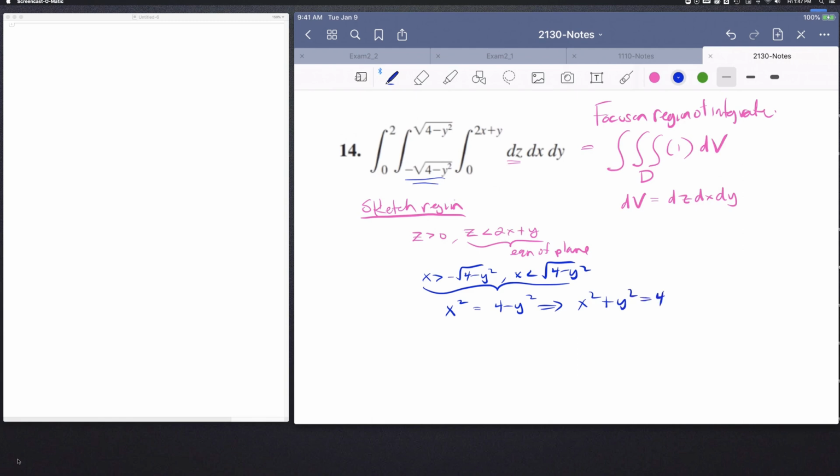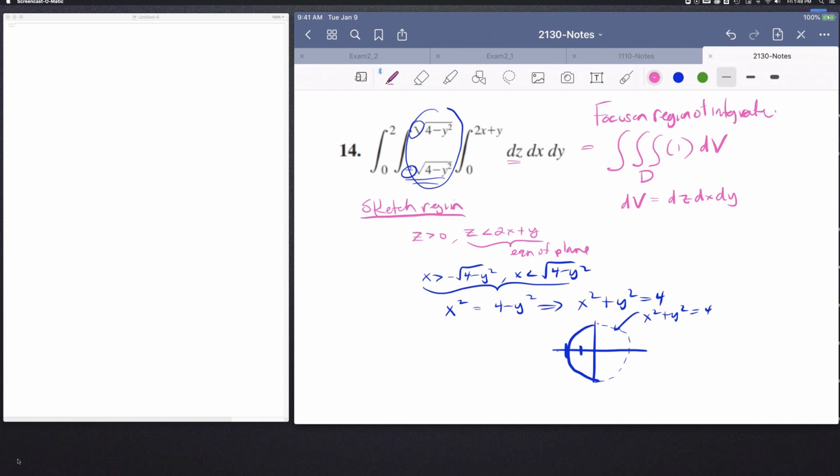So from these limits of integration in the x direction, we're going from x on the left, which is part of a circle of radius 2, and then on the right, the positive branch. Putting them together, we have x squared plus y squared equals 4.